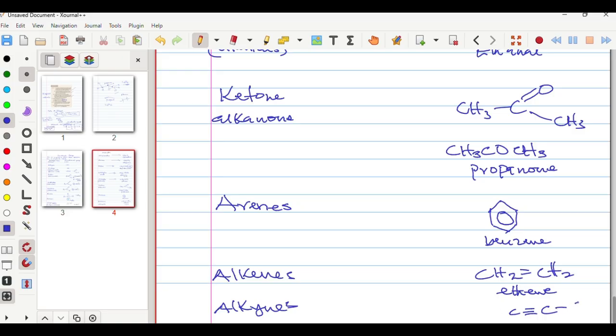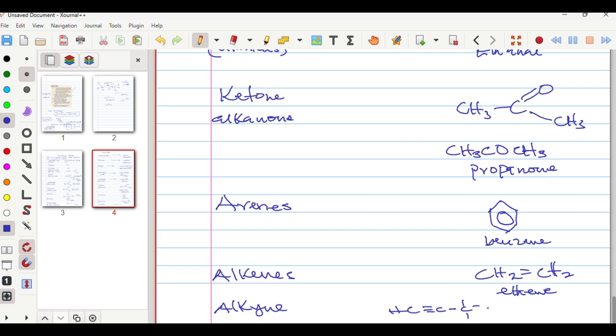So there's one carbon here bonded to one hydrogen, and then the carbon at the center has no hydrogen atom, and the last carbon has three hydrogen atoms.